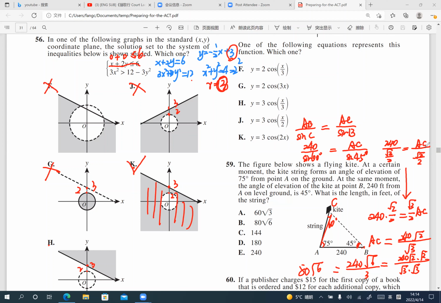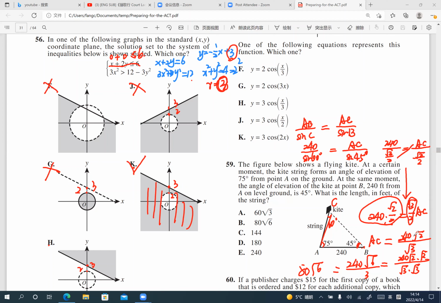So now we need to find the value of AC. According to the cross product rule, 240 times square root of 2 divided by 2 should be equal to AC times square root of 3 divided by 2. So AC should be equal to 240 times square root of 2 divided by 2 divided by square root of 3 over 2. We get AC equals 240 times square root of 2 divided by square root of 3.